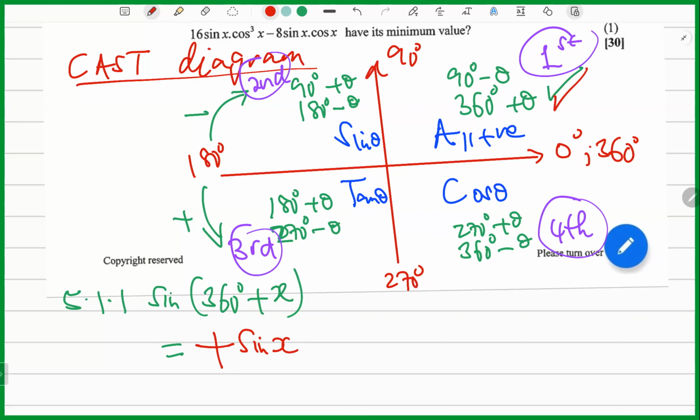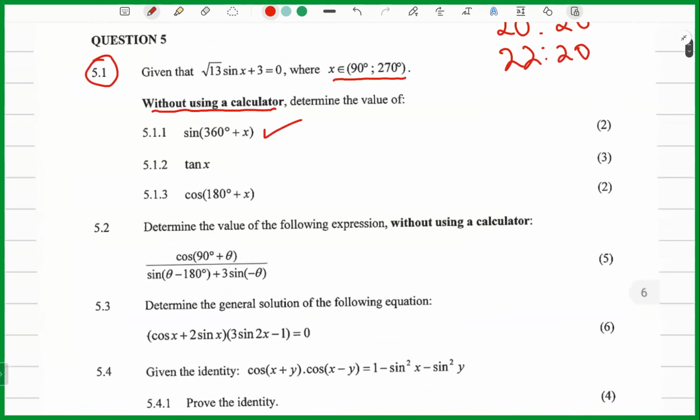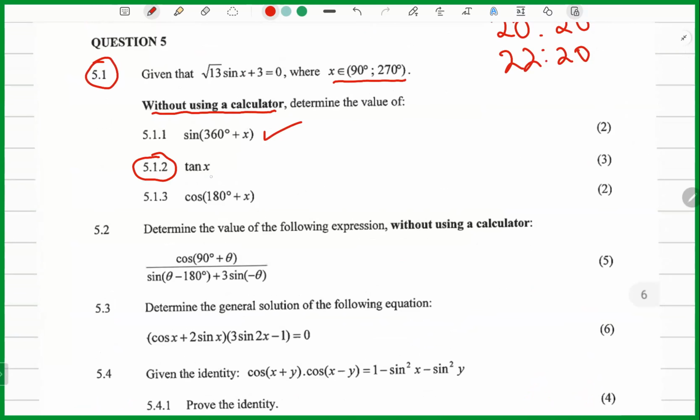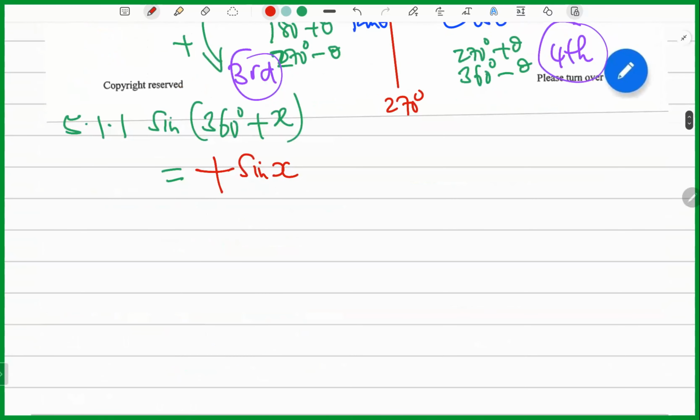Okay, this is what they asked in the matric exam of November 2022. In 5.1.2, we are asked to evaluate the tangent of x. Right, so in 5.1.2, we're interested in finding the value of the tangent of x.